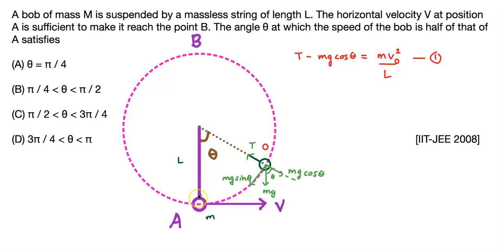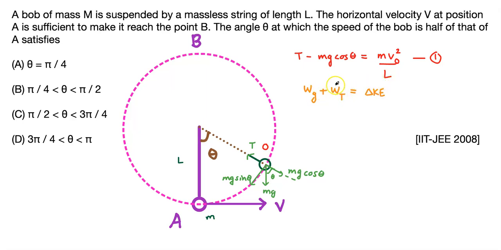So the total energy at point A must equal the total energy at point O, which must also equal the total energy at point B. And since we are just concerned about point O, let's conserve energy between points A and O. And another way to conserve energy is to apply the work energy theorem, which tells us that the work done by all forces, so the only two forces are gravity and tension, must equal the change in kinetic energy of the bob, right?